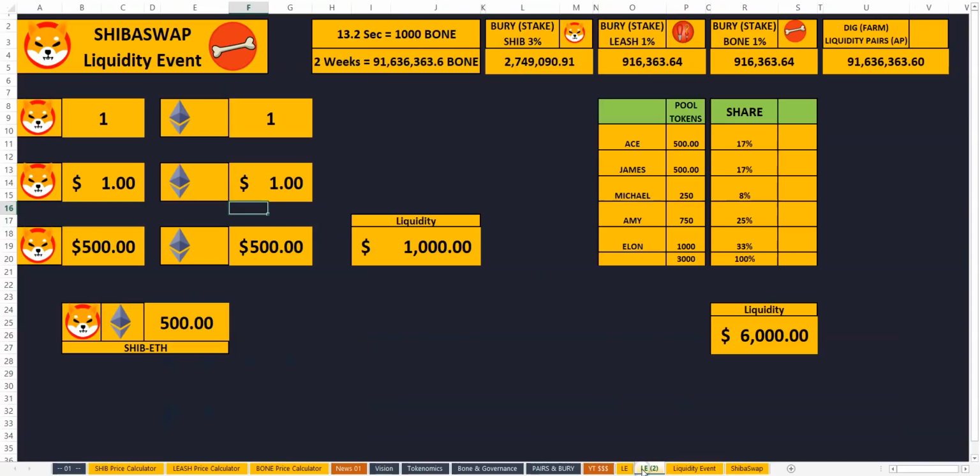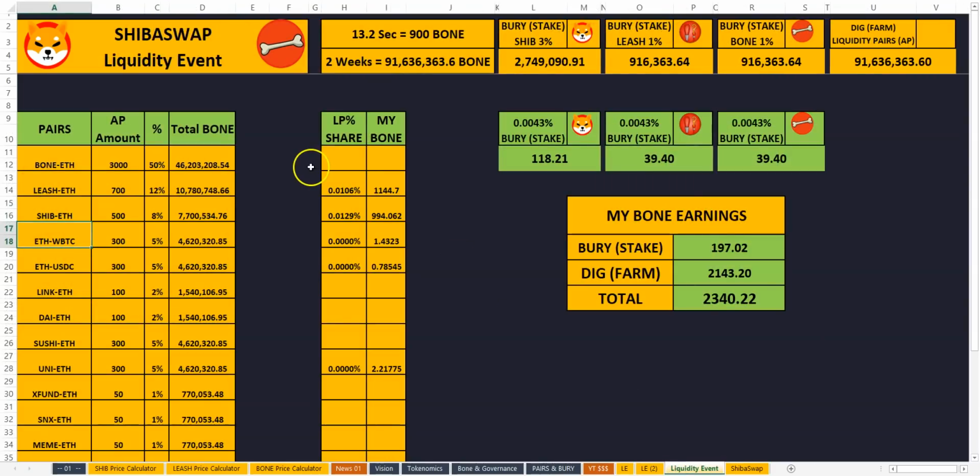So ShibaSwap gives us the ability to import those pairs which we already have with other swaps, and we bring them into ShibaSwap, and then we can automatically begin to earn BONE. So you can either create your pair in ShibaSwap, or you can import a pair if you already have it in either Uniswap or SushiSwap.